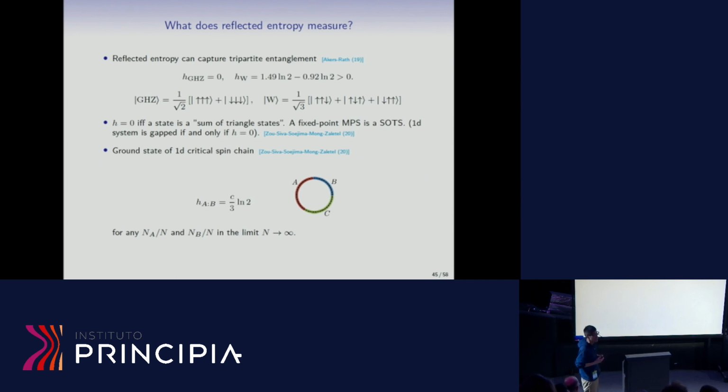If I break down this statement a little more, they first show that H is 0 if and only if the state falls into a class of states they call sum of triangle states. That is the generalized version of a GHZ state for many qubits and many products of local Hilbert spaces. I won't write down the expression, but they identify a class of states, okay? For these states, H is 0, and conversely, if H is 0, the state must be a sum of triangle state, okay?